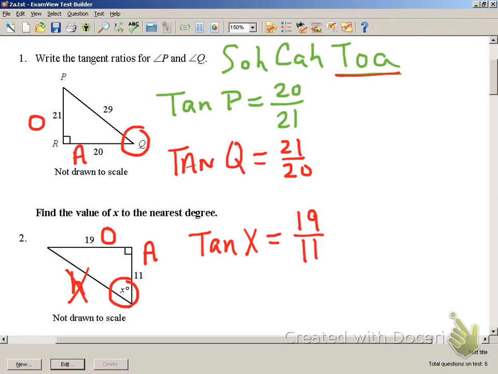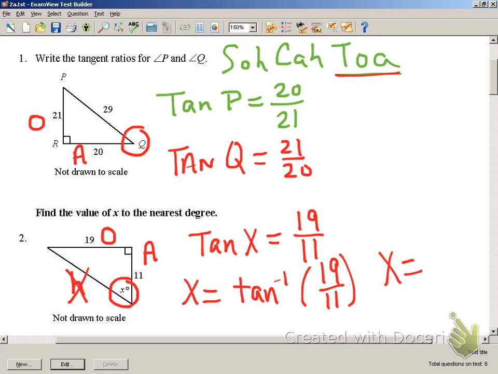And since I'm looking for an angle, I am going to be solving with the inverse function. So x would equal the inverse tangent of 19 over 11. We'd plug that into our calculator. So x is equal to 60 degrees, since it's asking us to round to the nearest degree.